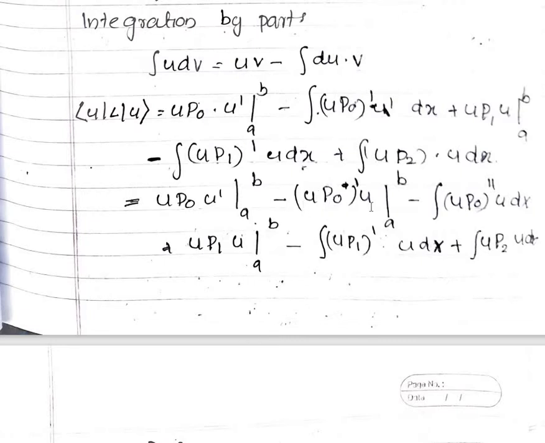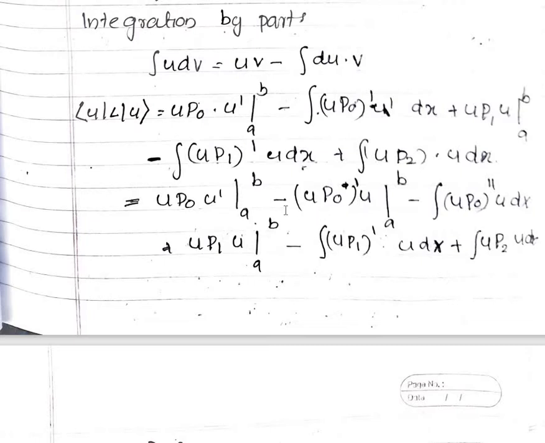When we do this calculation, you know u p0 dash, after that means d by dx of u p0, that is d by dx of u p0 is u p0 dash. When we do the differentiation, you will get two terms, u p0 dash u and u dash p0 u.